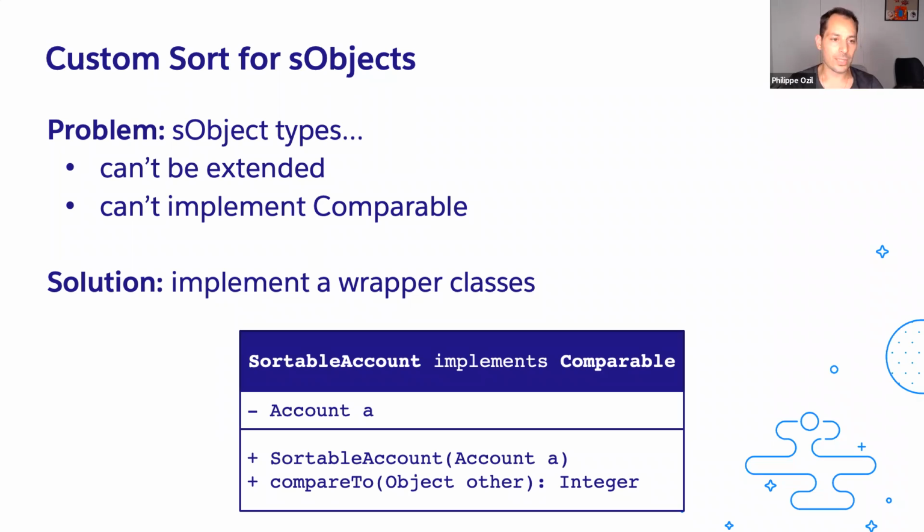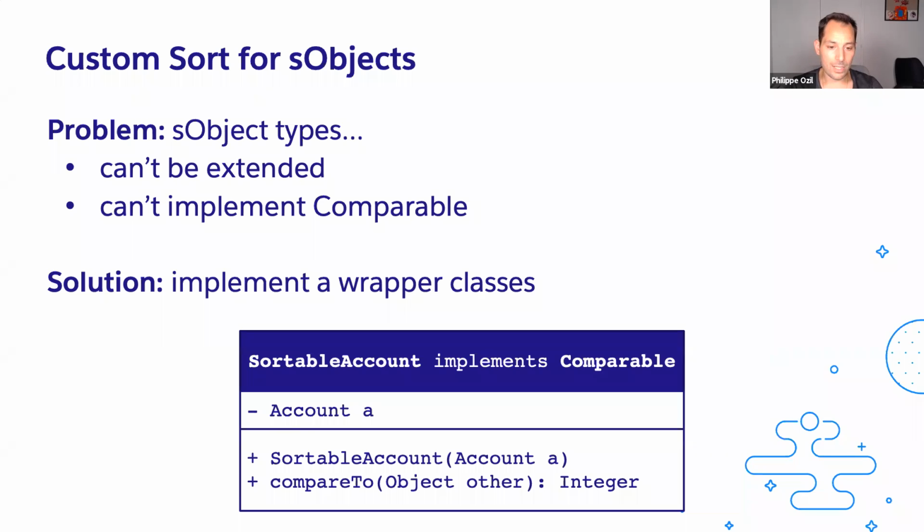So you cannot overwrite or implement a comparable interface on an sObject, because the sObject type is not extendable. You cannot inherit from it. So this means you cannot add the compareTo method from the comparable interface if you want to sort them differently than the default sorter that I presented.